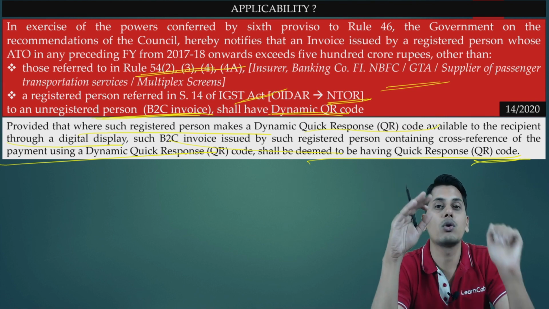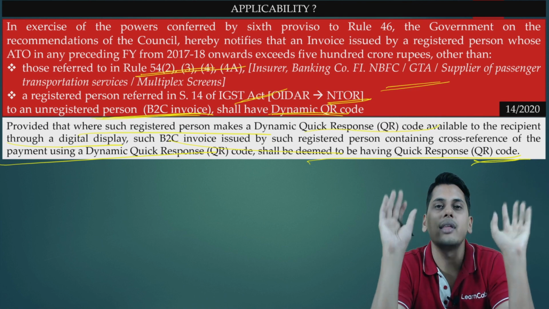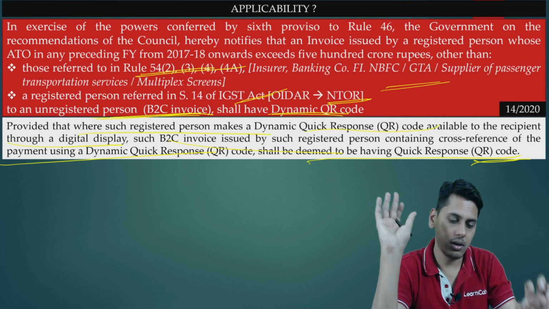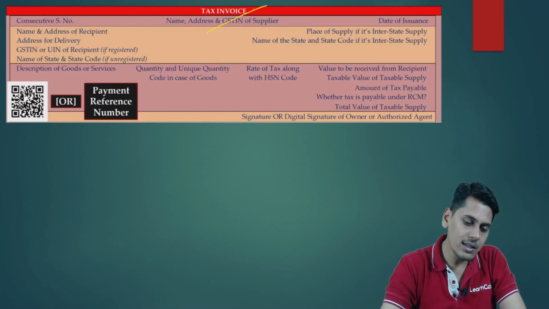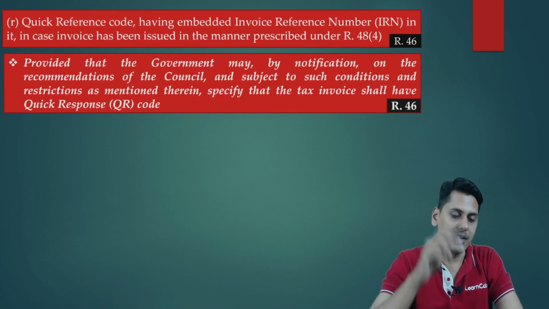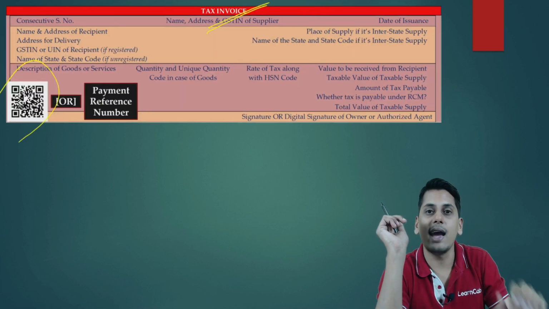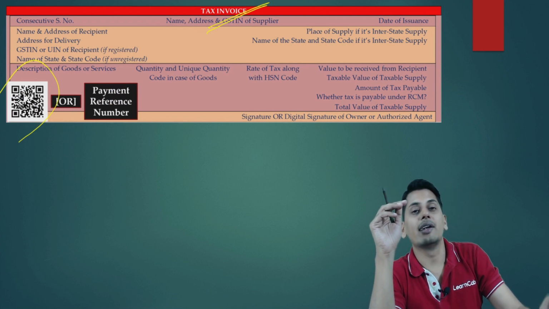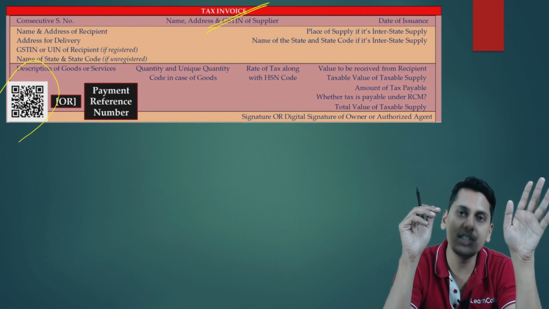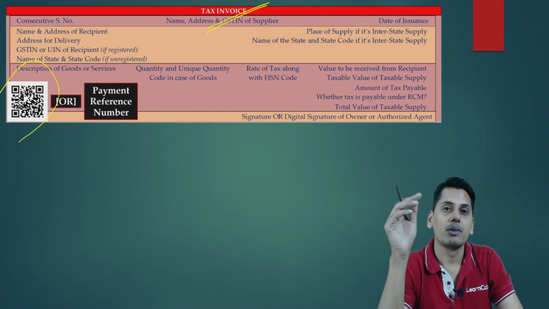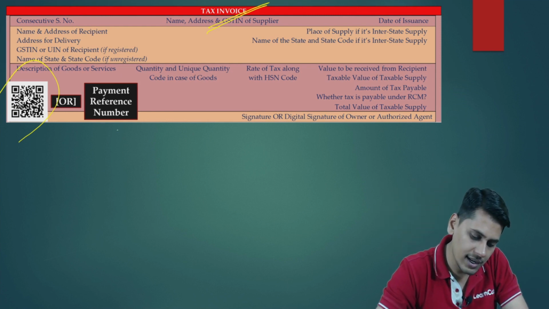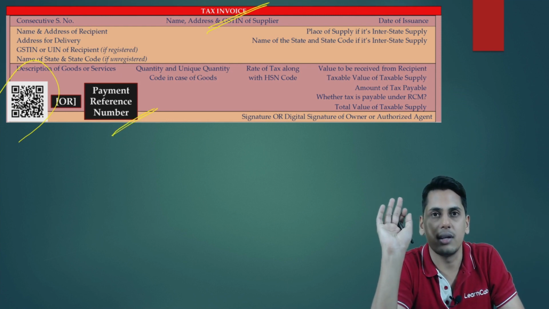The dynamic QR code need not be printed on the invoice again. I am sure you are able to follow this, friends. So the tax invoice contents: either it will contain a dynamic QR code against which you can scan and make the payment, or if the dynamic QR code was shown as a digital display, you can scan that, make the payment, then that invoice will contain a payment reference number.